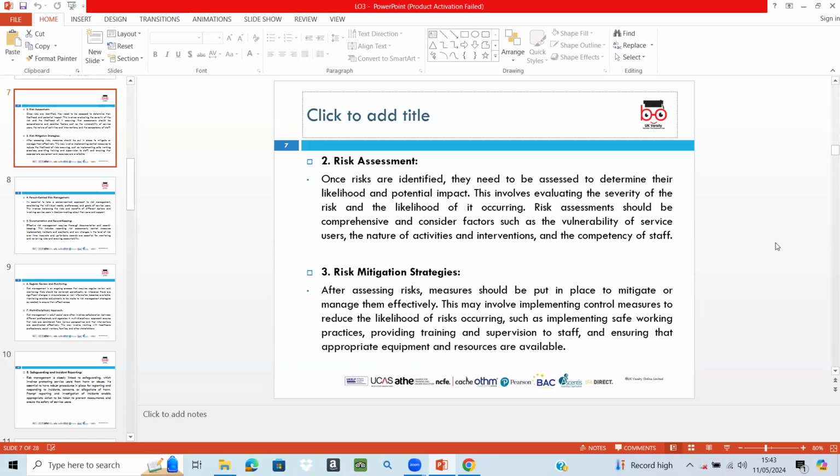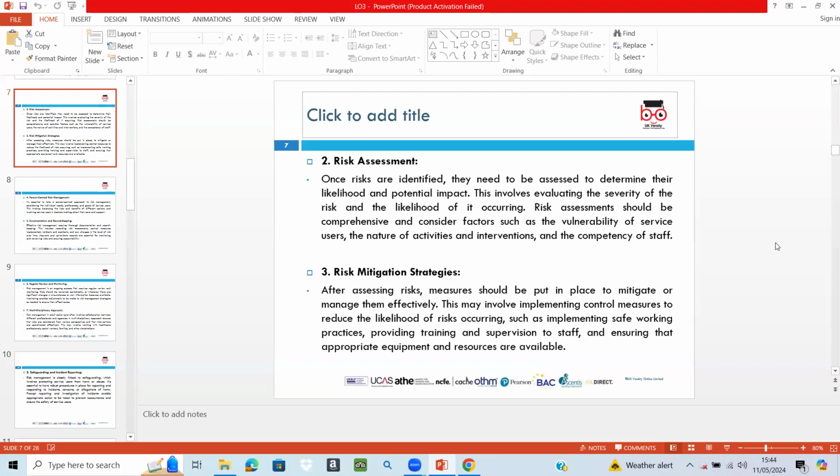Now if we discuss the risk mitigation strategies, after conducting risk assessment, the next step is to implement risk mitigation strategies to reduce the likelihood of risk occurring and minimize their impact. This involves putting in place control measures and interventions to address identified risk effectively.